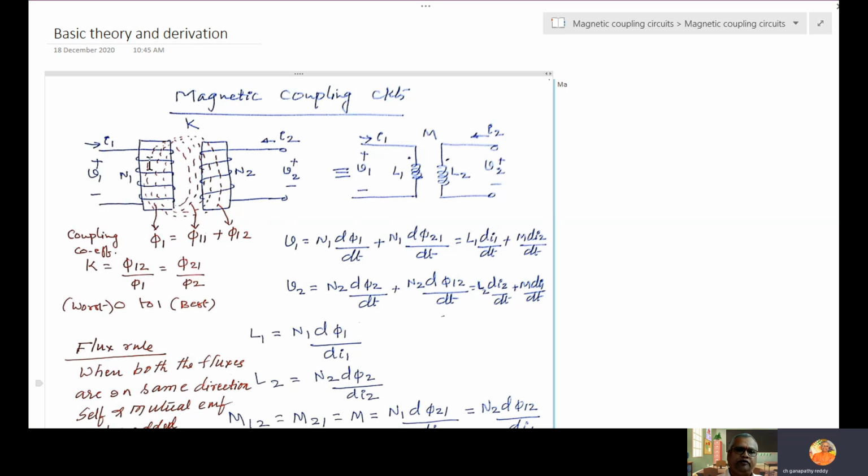This one is a primary coil, N1, and this one is the secondary coil, N2.